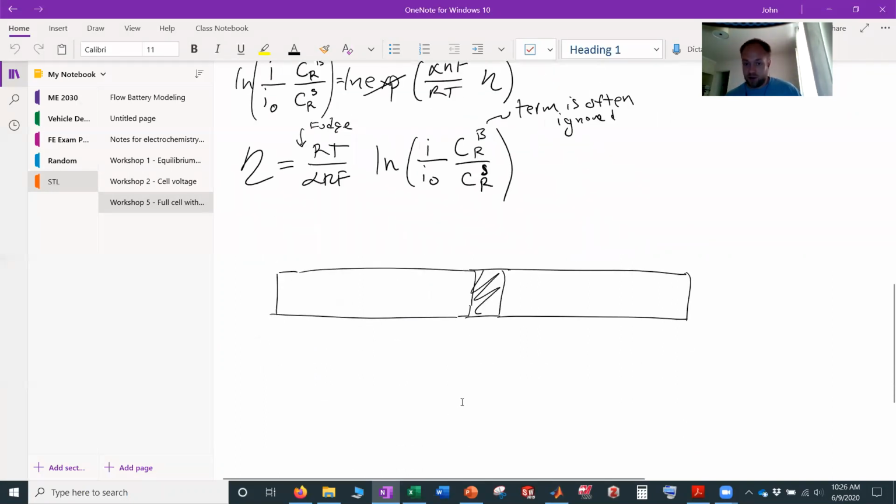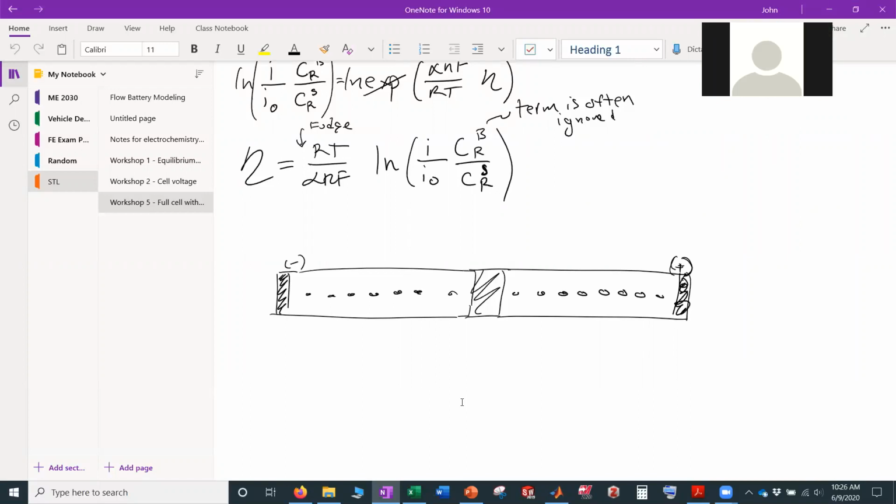And you have your negative side over here reacting here, and you kind of have your positive side reacting over here, right? And you're tracking the concentration at these different nodes throughout this length. That's basically what we've been doing the whole time. This is our model.